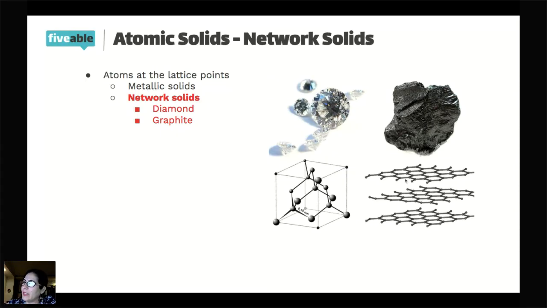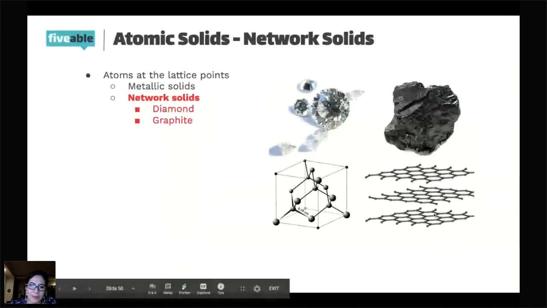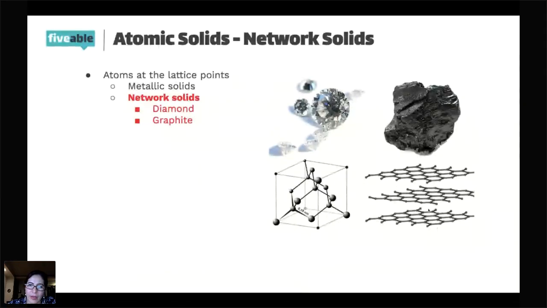So with this reasoning in mind, do you think it would be very easy to break diamond apart or very hard? Exactly, it would be very hard to break a diamond apart. But what about graphite? Would graphite be easy to break? Think of the intermolecular forces right here.